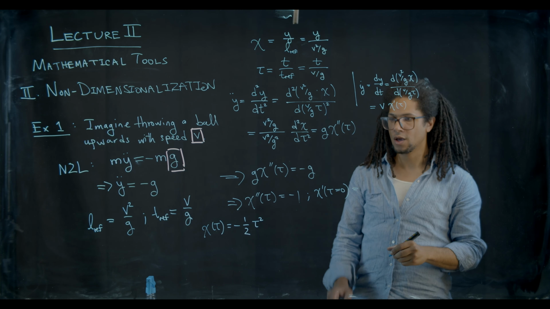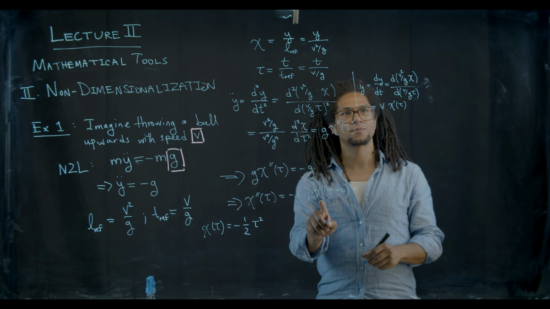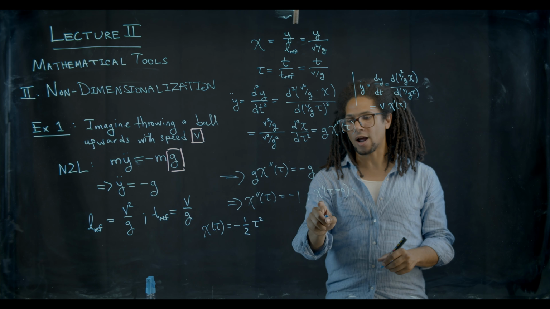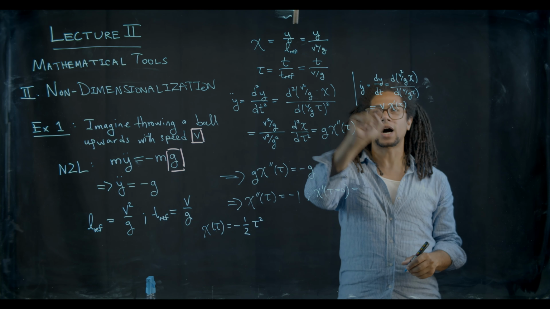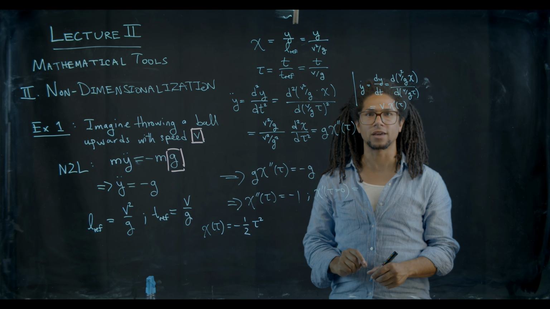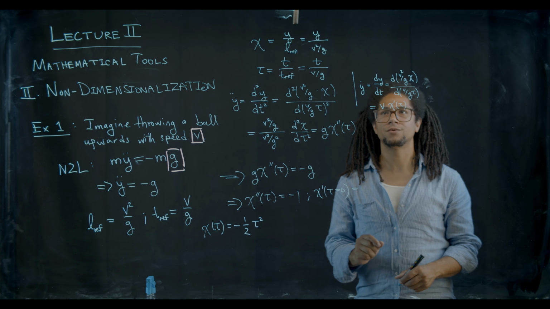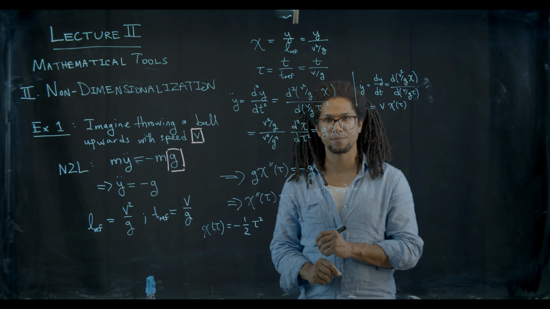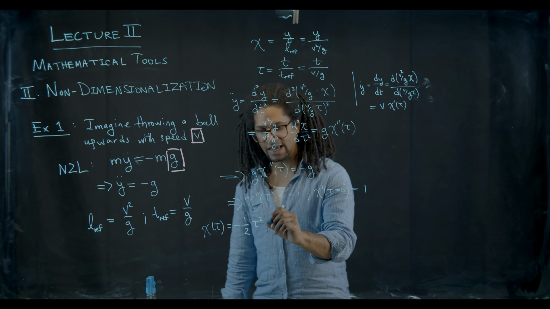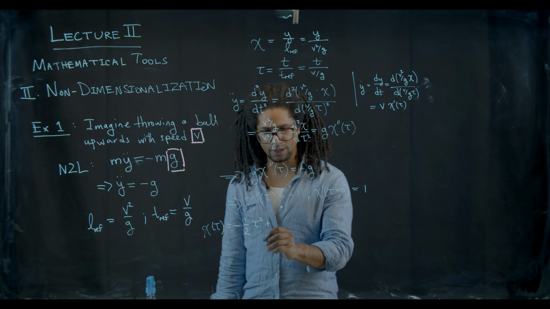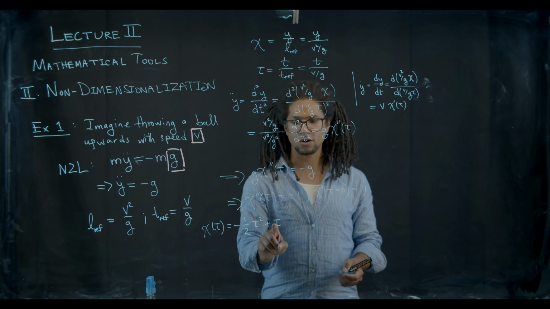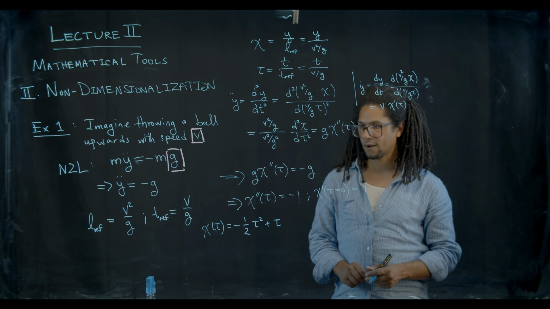Good. So chi prime of tau equals 0 is equal to y dot of t equals 0 divided by v. But y dot of t equals 0 was equal to v. So this is just equal to 1. All right, good. That gives us that our linear term here should be just tau, so that when we take the derivative once, the linear term is going to give us a 1.